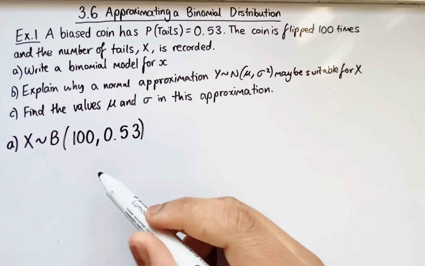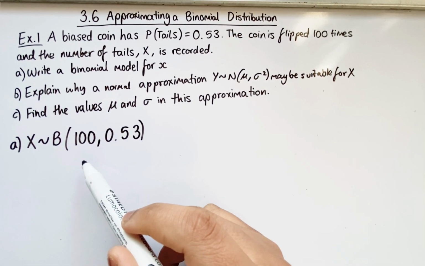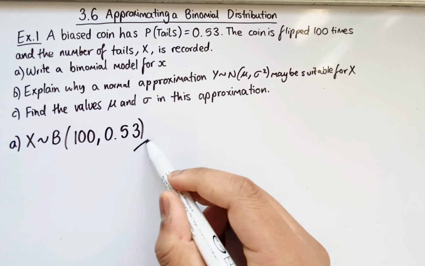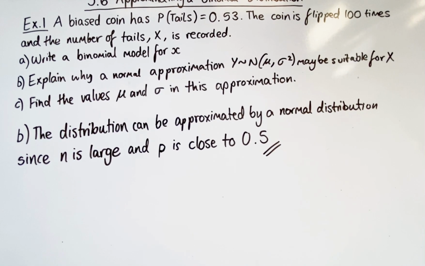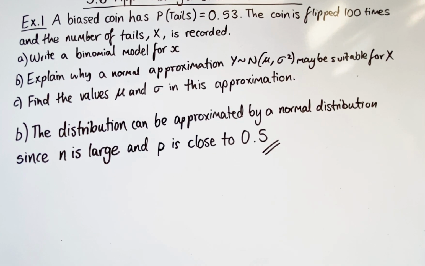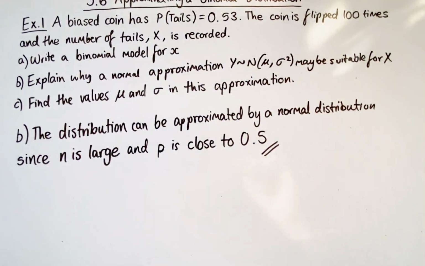For Part A, X will follow the binomial distribution with 100 trials and a probability of success 0.53. For Part B, the distribution can be approximated by a normal distribution since n is large and p is close to 0.5, which are the two conditions to apply a normal approximation.